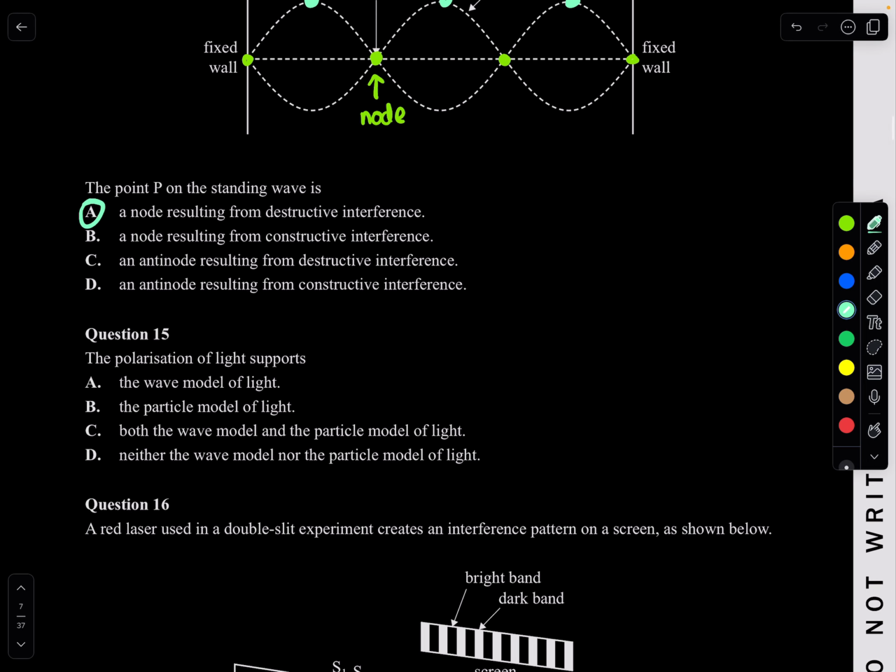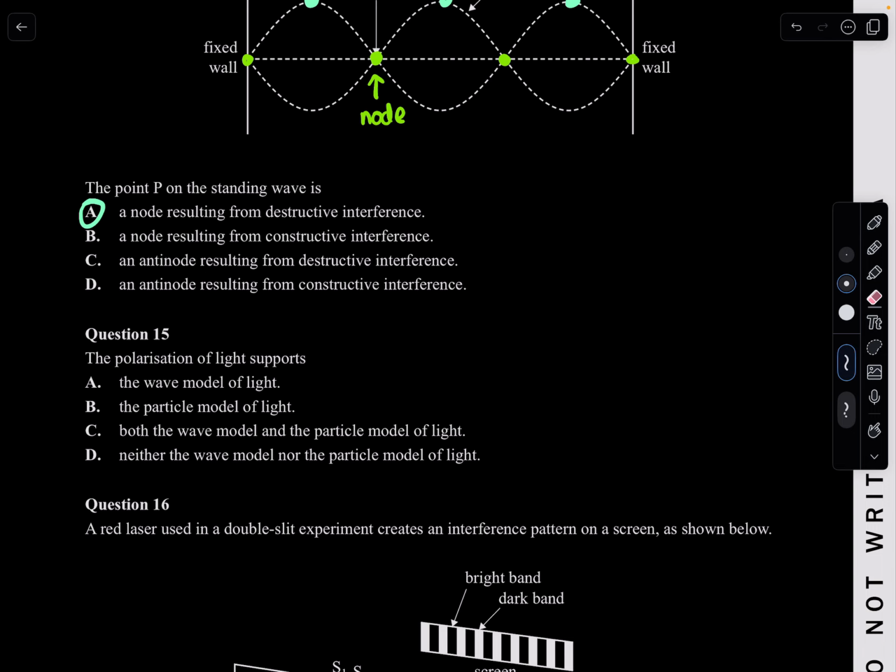Done. Question 15. The polarization of light supports what? Okay, what is polarization of light? Polarization only occurs for transverse waves, by the way. So does the polarization of light support the wave model, the particle model, or both, or neither?